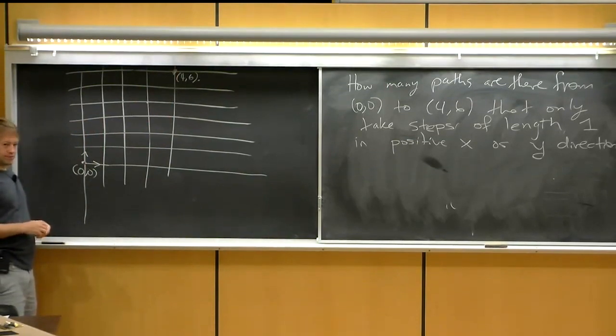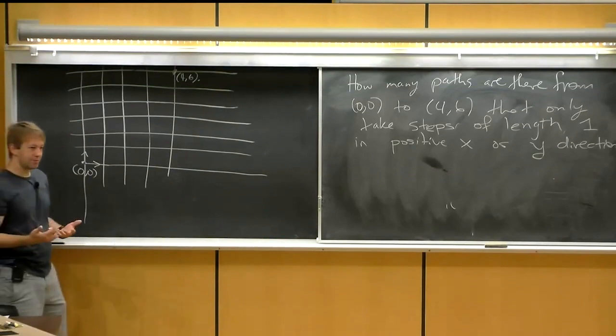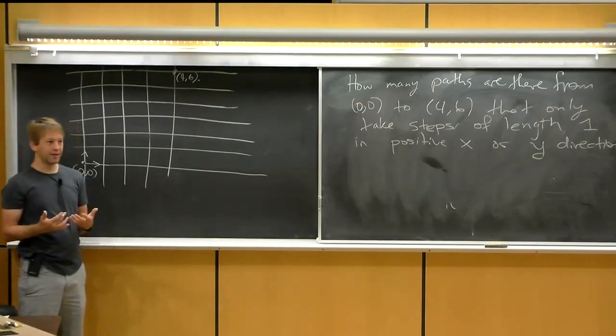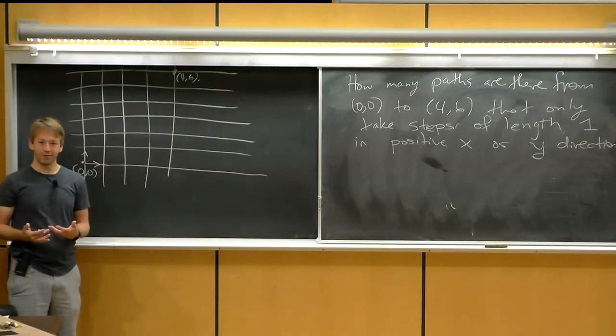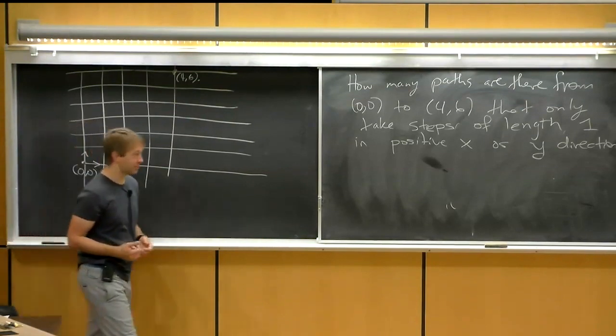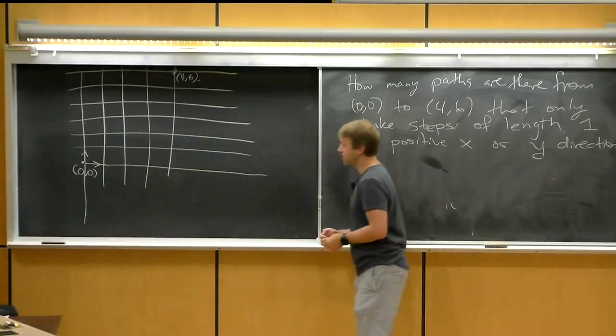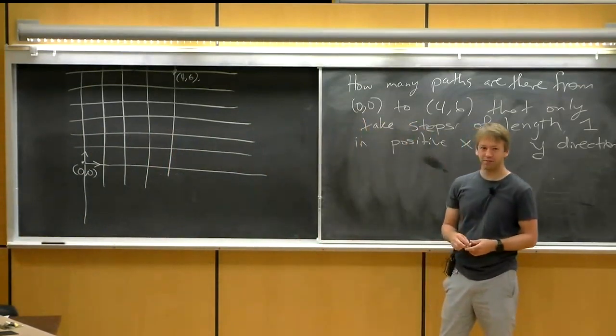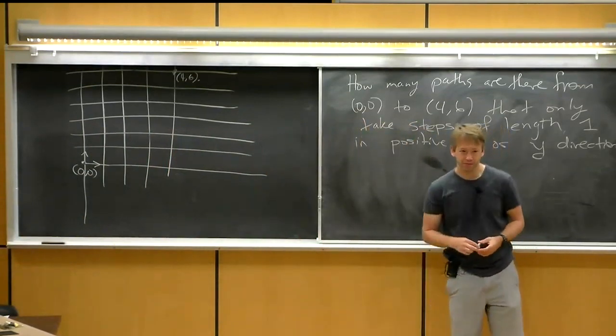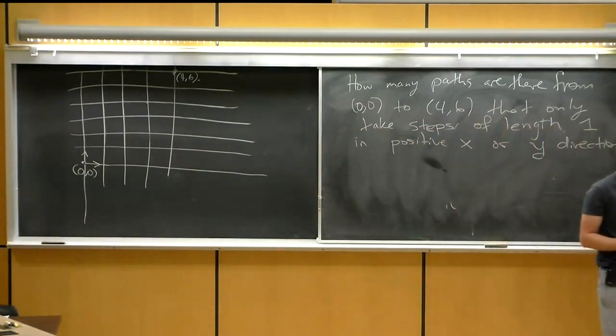Just like a lot of these problems, the trick really is finding the right way of analyzing it and breaking it down. Can anyone see what the answer might be? Is the question clear?